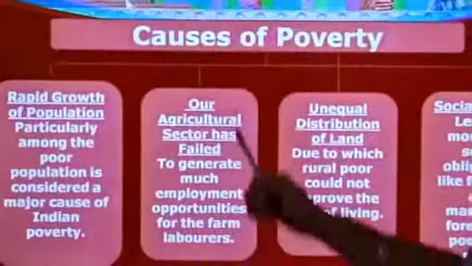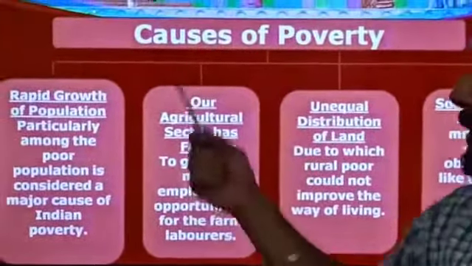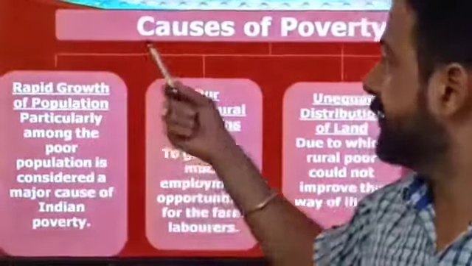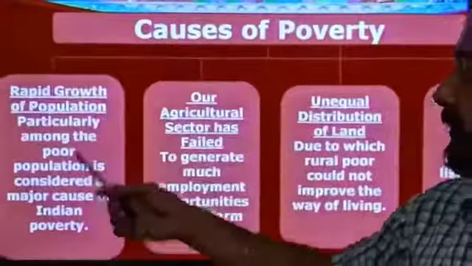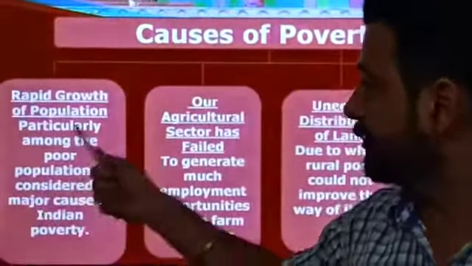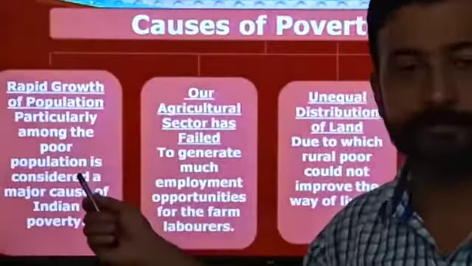Now next is causes of poverty. They can ask you a question: define poverty and write down the causes of poverty. These are the points you will write down. The first one is a rapid growth of population, particularly among the poor.